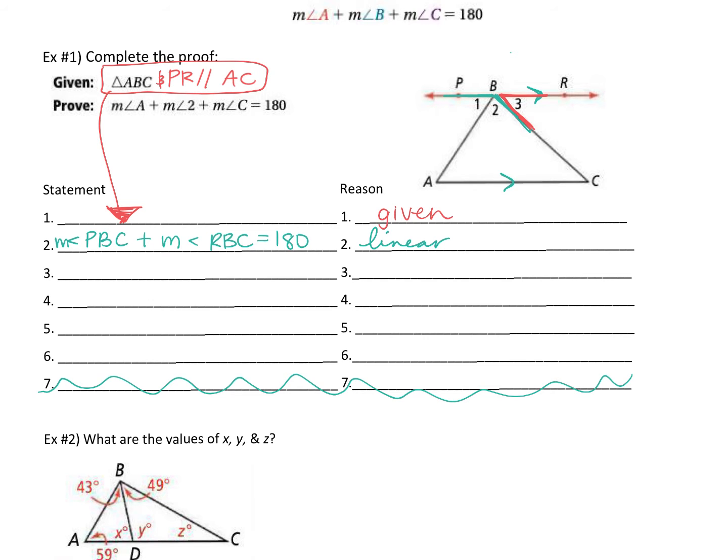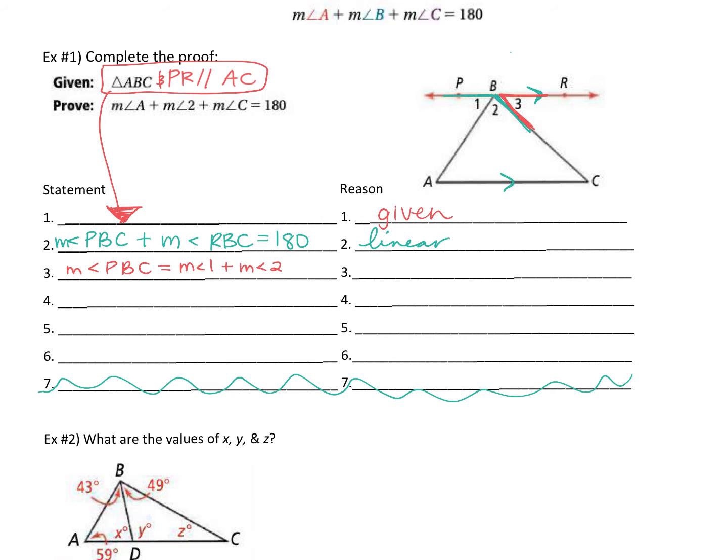Okay, so the next thing we're going to say is the measure of angle PBC is equal to the measure of angle 1 plus the measure of angle 2. Do you see that? The bluish color angle, PBC, is equal to angle 1 plus angle 2.